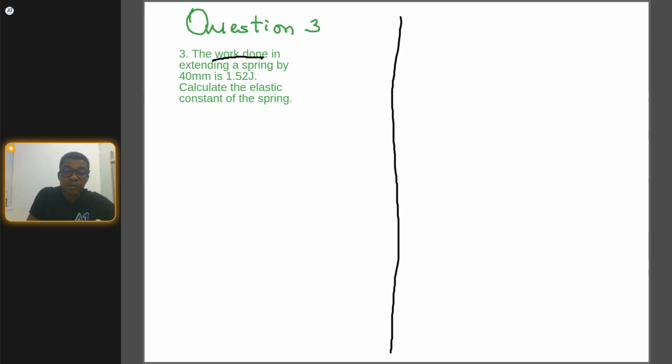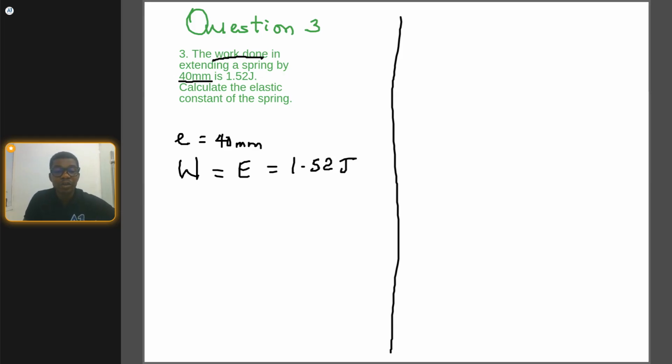The work done by extending a spring by 40 millimeter, that is, the extension is 40 millimeter, is this: the work done, W, which is also energy stored, is 1.52 joule. Calculate the elastic constant of the spring. Elastic constant is letter K.